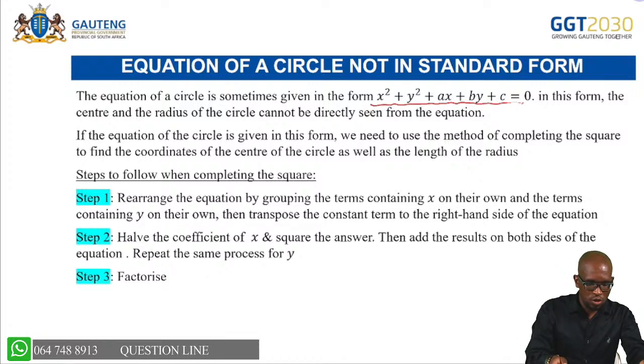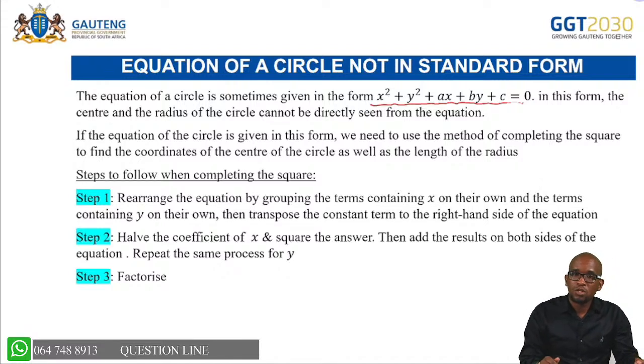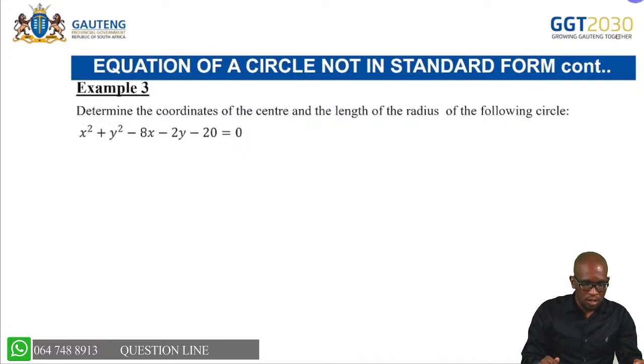All right, let's use the notes that we just went through to solve maths problems. We'll do that through example 3. If you check grade 12 in example 3, we are given an equation that is not in standard form, and hence we are required to complete the square to convert the equation to center and radius form.